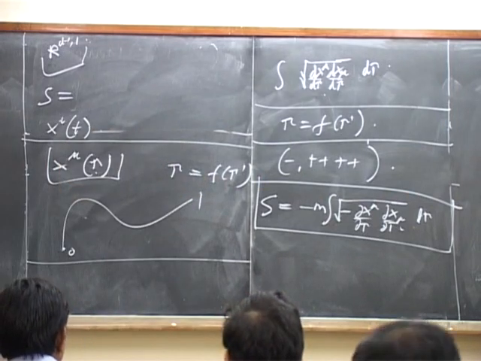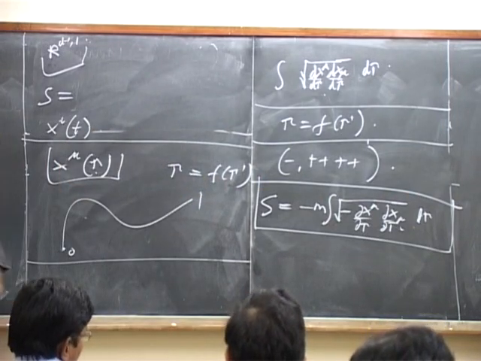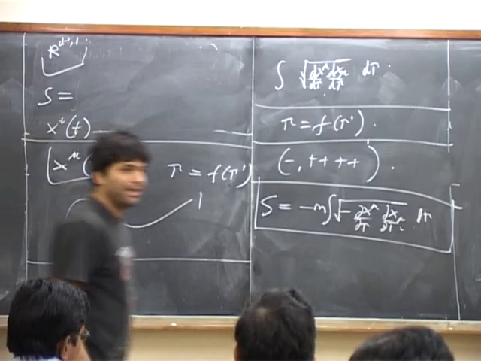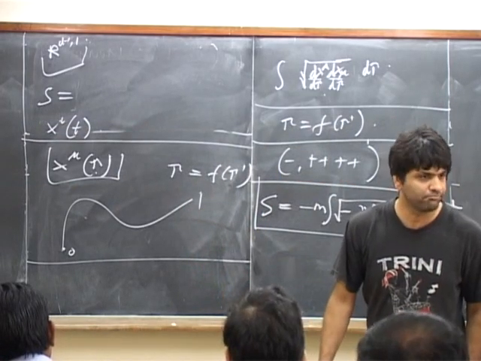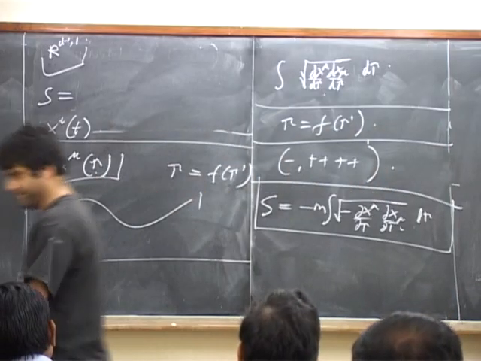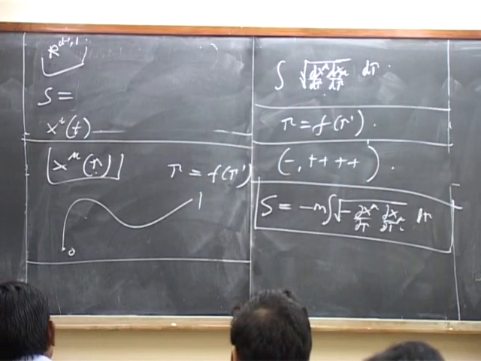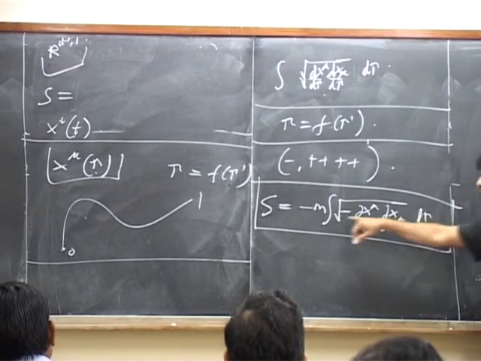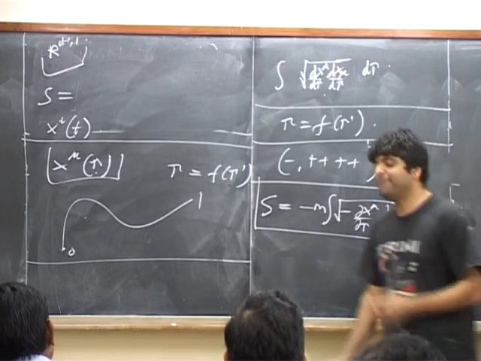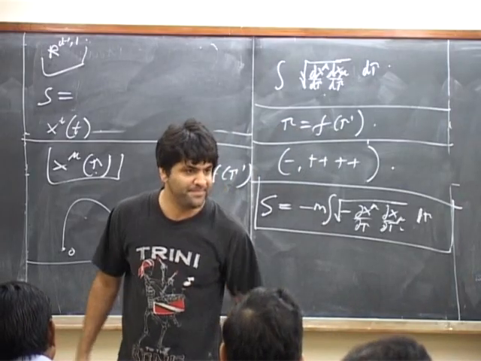Okay, is this clear? Any questions, comments, or any discussion about what this action is? Okay, good. Before we go on to the quantization of this action, let me first convince you of something you're very familiar with.